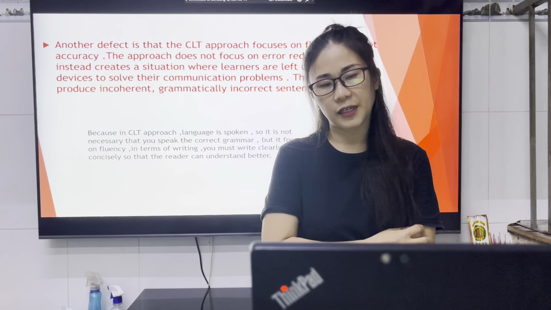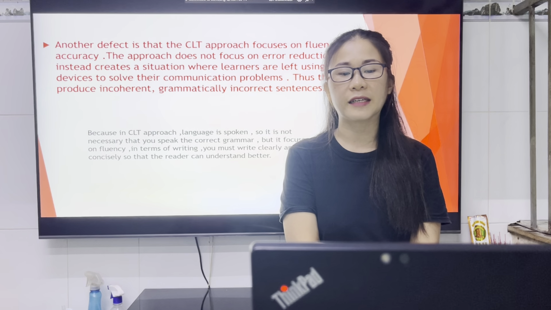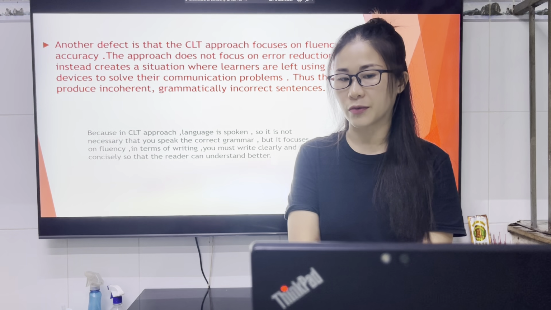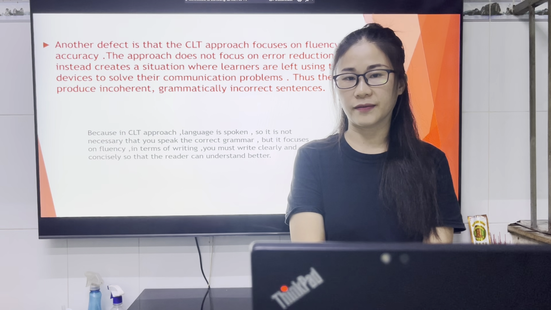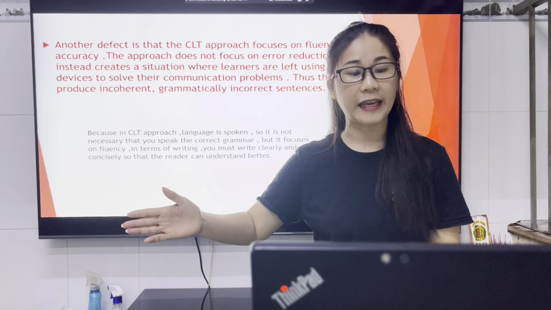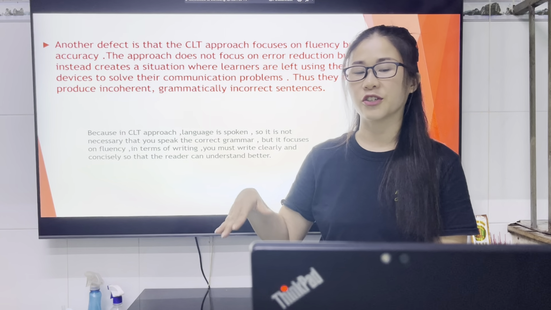Because in the CLT approach, language is spoken, it is not necessary that you speak with correct grammar, but it focuses on fluency. In terms of writing, you must write clearly and concisely so that the reader can understand better.